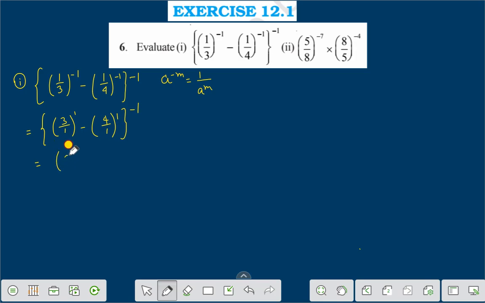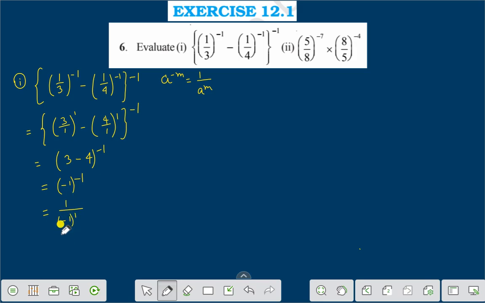(3 minus 4) to the power minus 1. So we are getting 3 minus 4 is minus 1. Minus 1 to the power minus 1, or we are getting 1 by (minus 1) to the power 1.